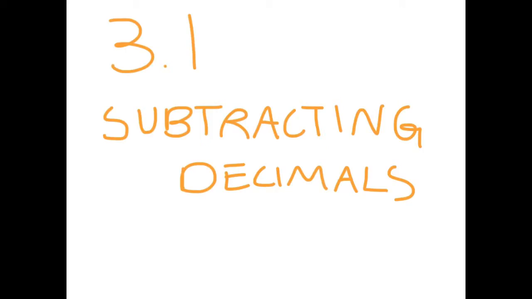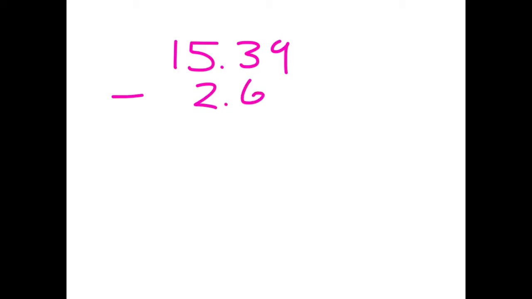3.1 Subtracting Decimals. Our subtraction problem is 15.39 minus 2.6. Don't forget to add your zeros as your placeholders. You may now subtract. So 9 minus 0 is 9.